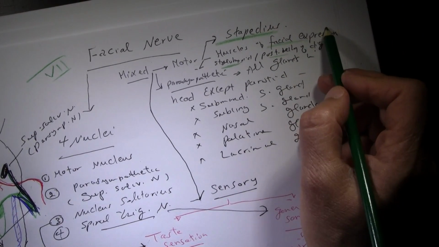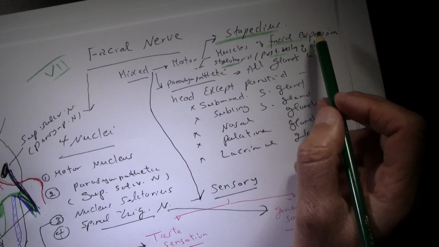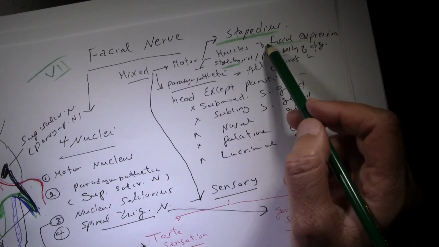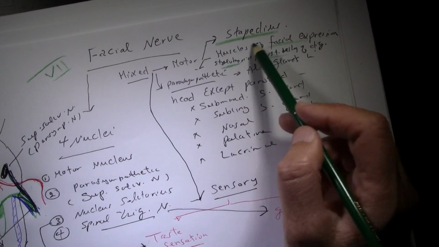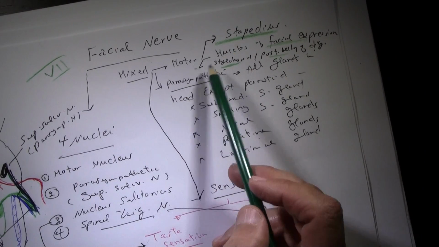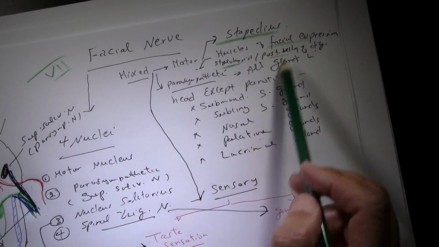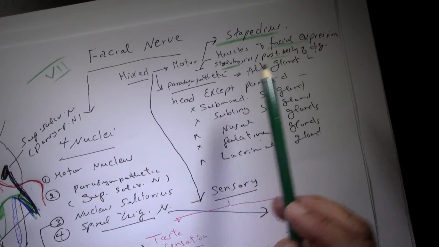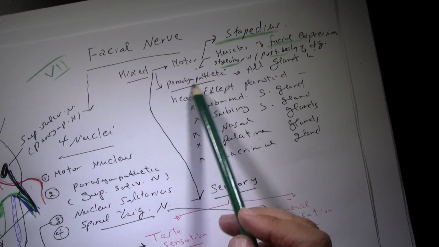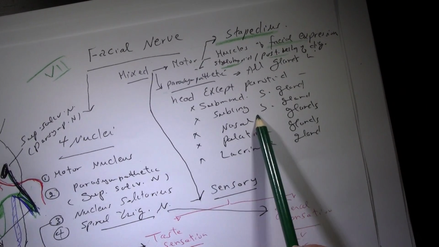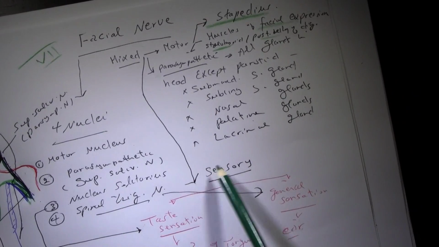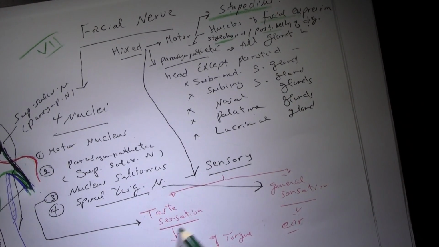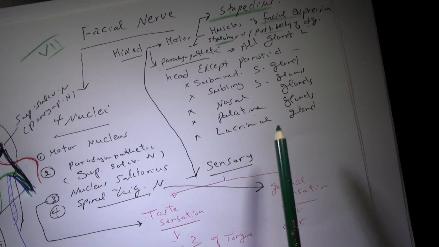In addition, we're going to talk about muscles of the scalp, which are the occipitofrontalis muscle, the occipitalis muscle, and the auricular muscles. Those are all muscles supplied by the facial nerve. Parasympathetic fibers supply all glands in the head except the parotid. Then you have two kinds of sensory fibers, taste sensation and general sensation.